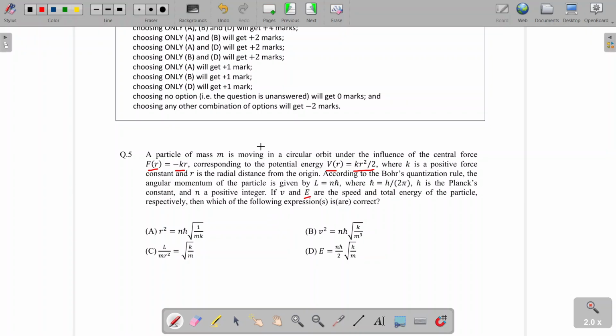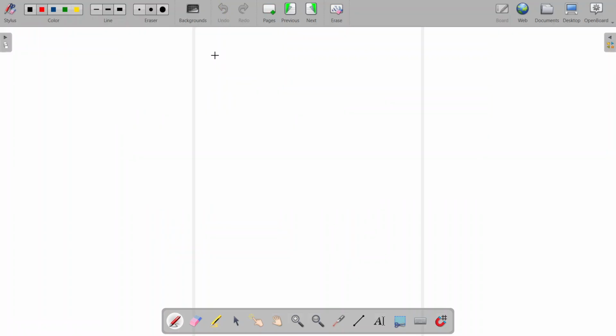Here the calculations would be rather big, so we'll be choosing a new page to do this one. So the calculation which we have is F is equal to minus kr. Potential energy is equal to kr square by 2 and angular momentum is the same thing, nh upon 2 pi, or here written as n h bar.